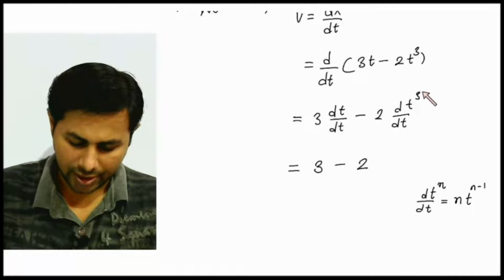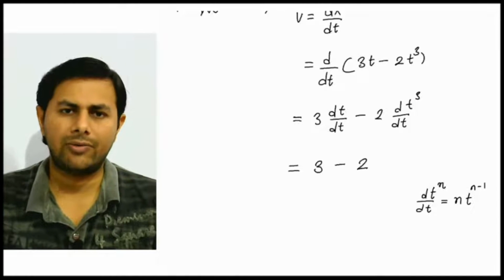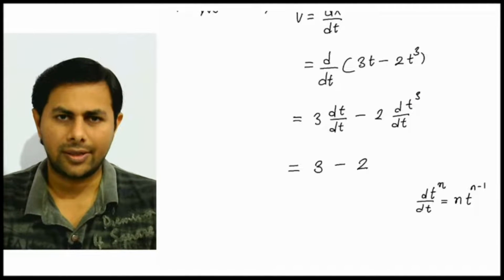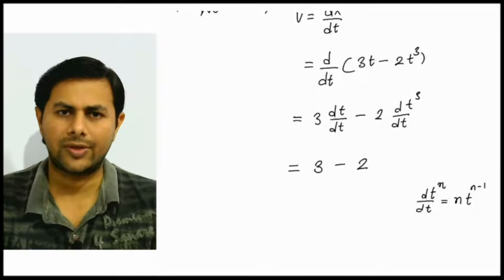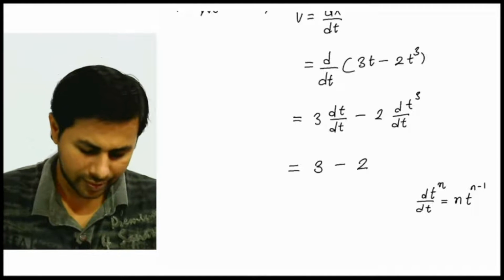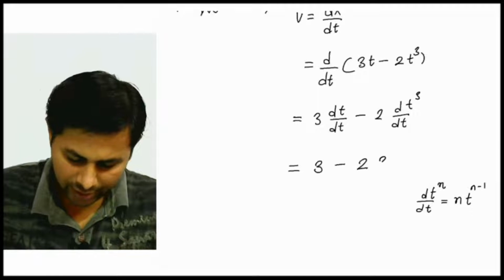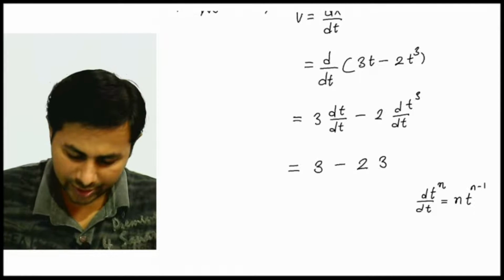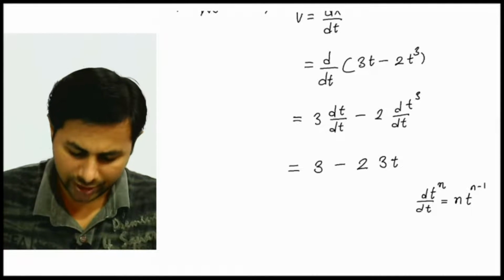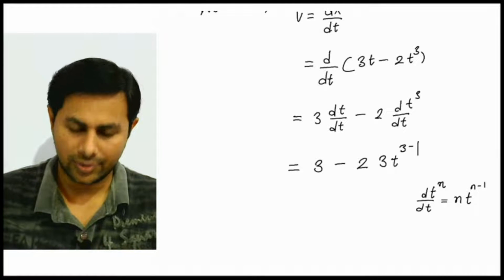So here our n is 3, that's why the derivative will be 3 times t raised to 3 minus 1, that's 2.